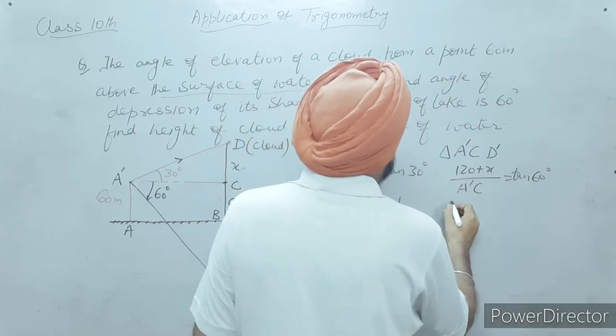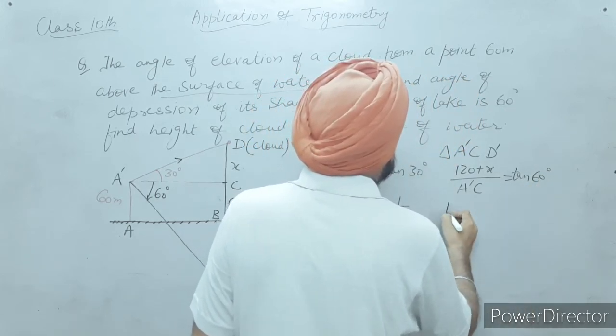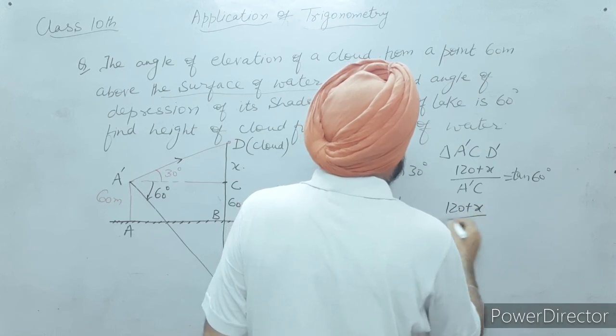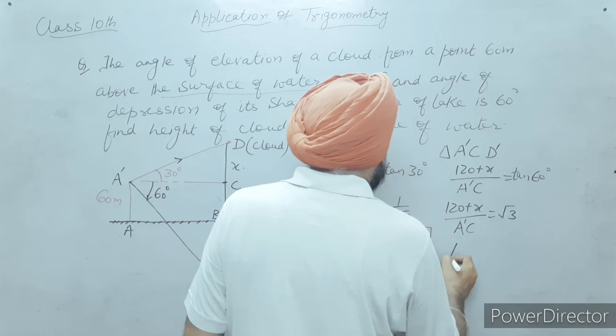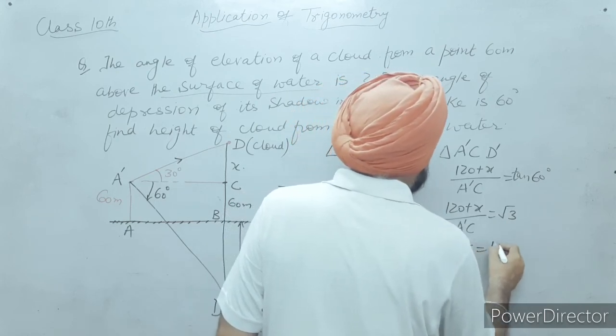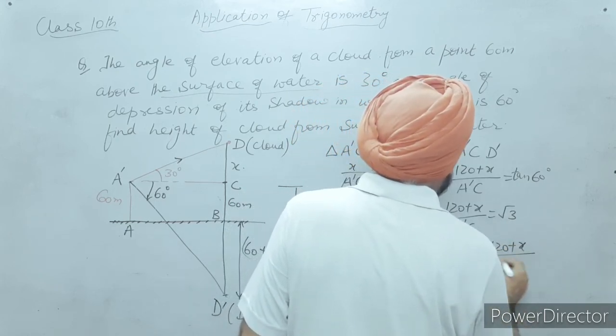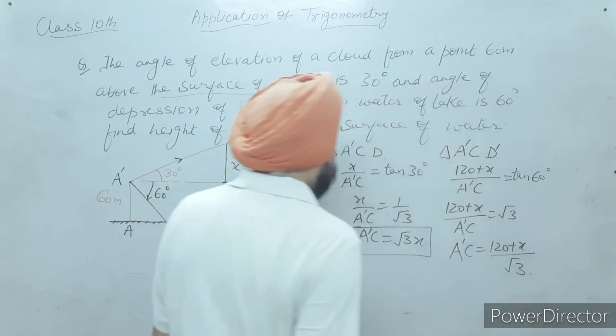Now 120 plus x upon A dash C is under root 3, or A dash C is 120 plus x upon under root of 3.